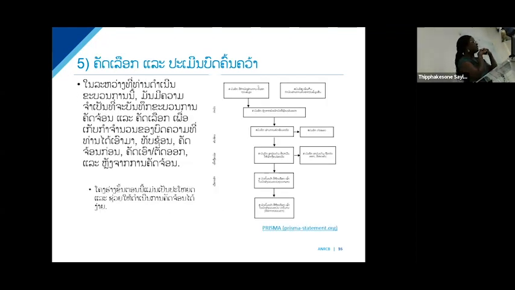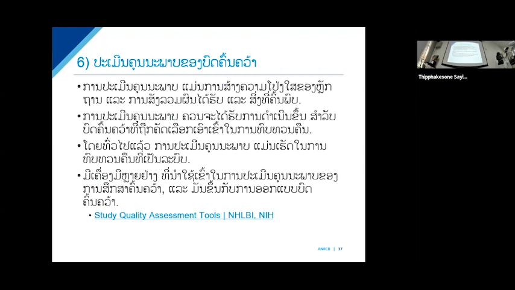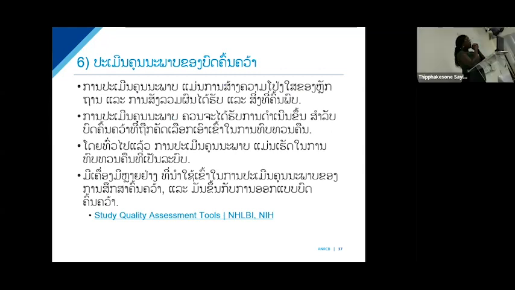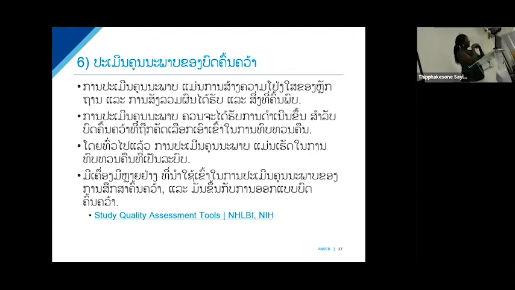And then assessing the quality. This was the question I was asking you earlier: how do you know what's a good, quote unquote, reference to use? We want to use not only peer-reviewed articles, but peer-reviewed articles that are of quality. Quality assessment allows us to establish transparency of evidence and the synthesis of results and findings.